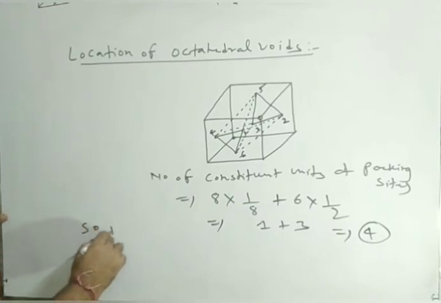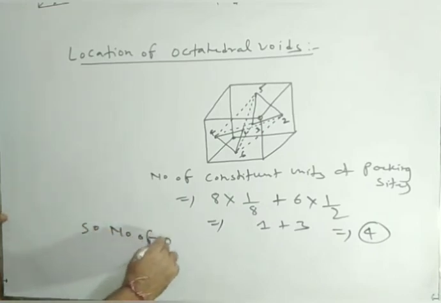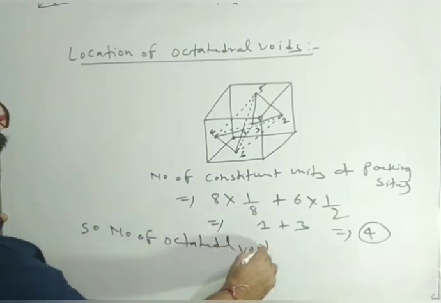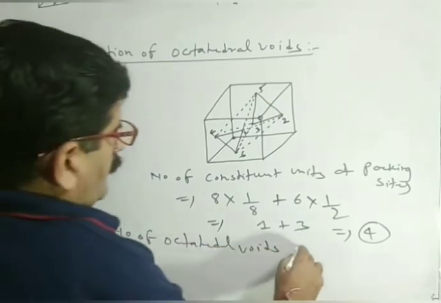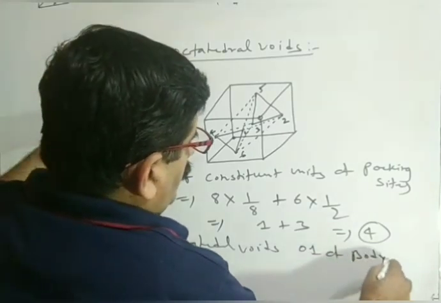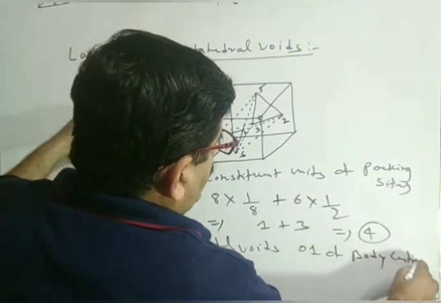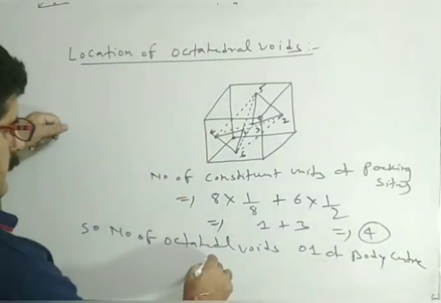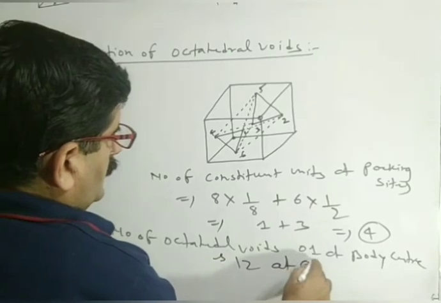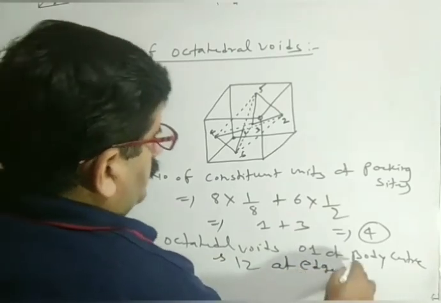So the number of octahedral voids: 1 at the body center and 12 at the edge centers.